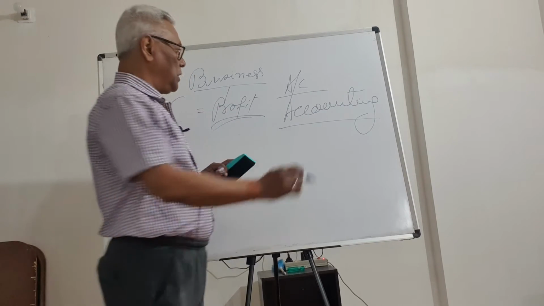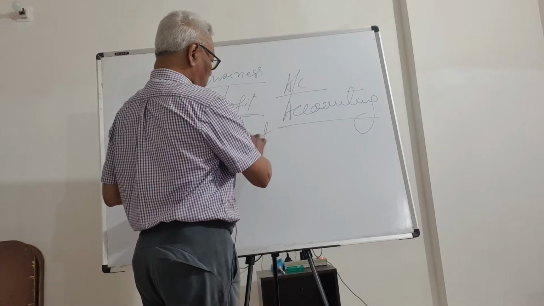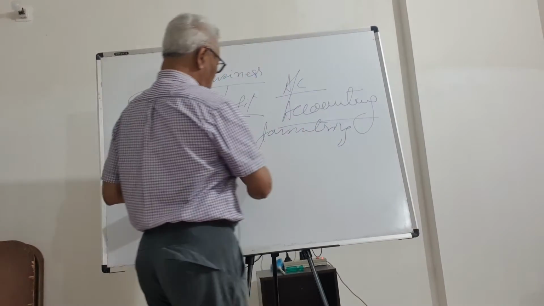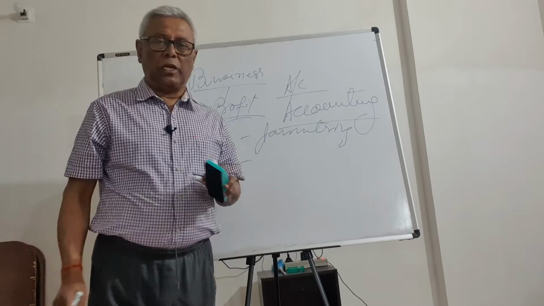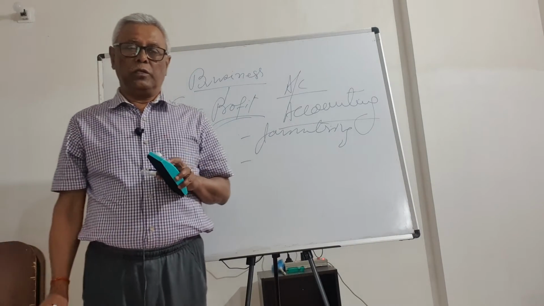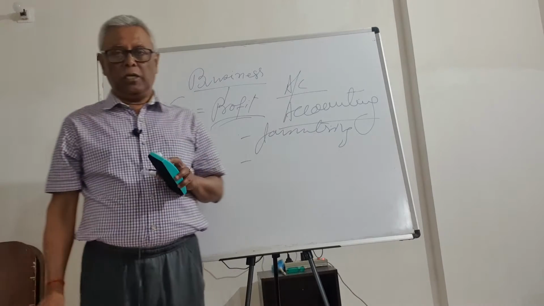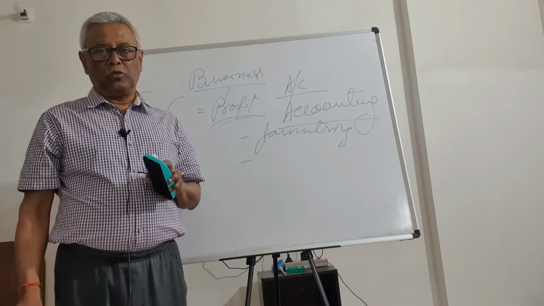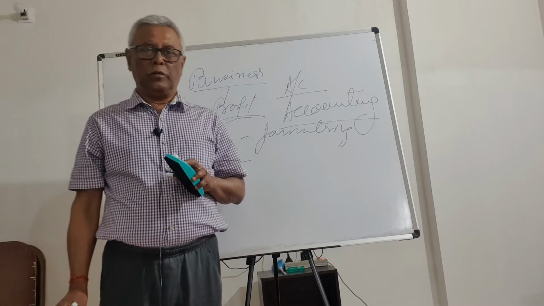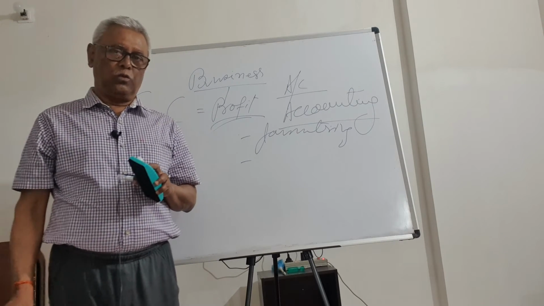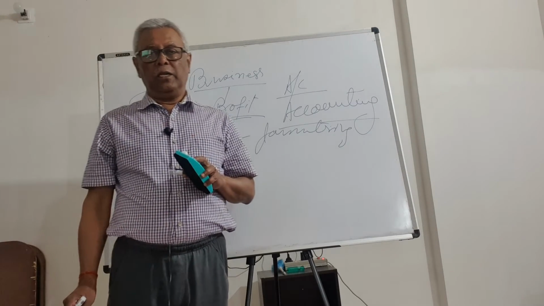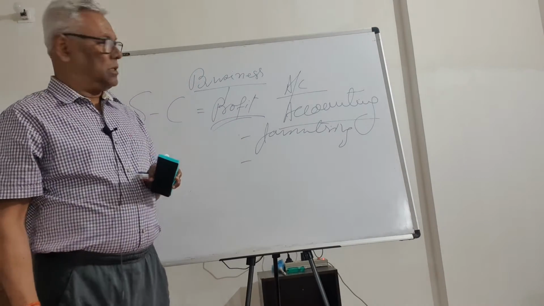This is the first step. All different business accounts are jotted down in this journal so that they are not scattered and are in one particular book or file.